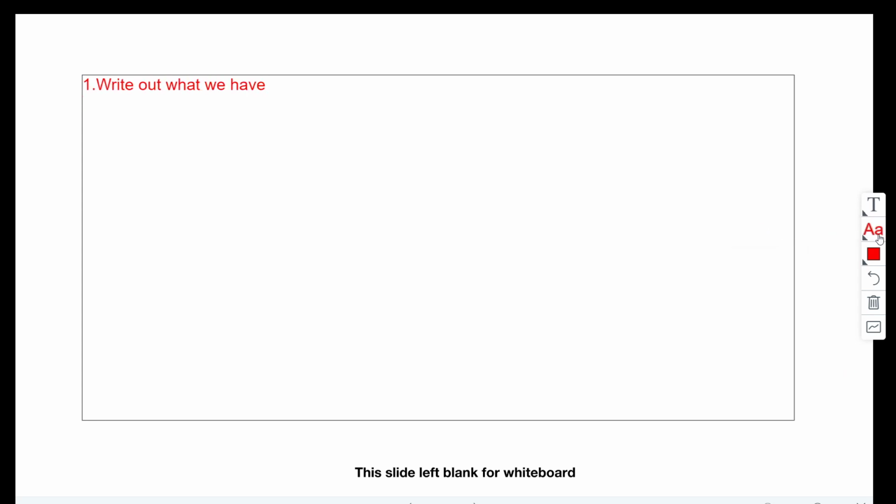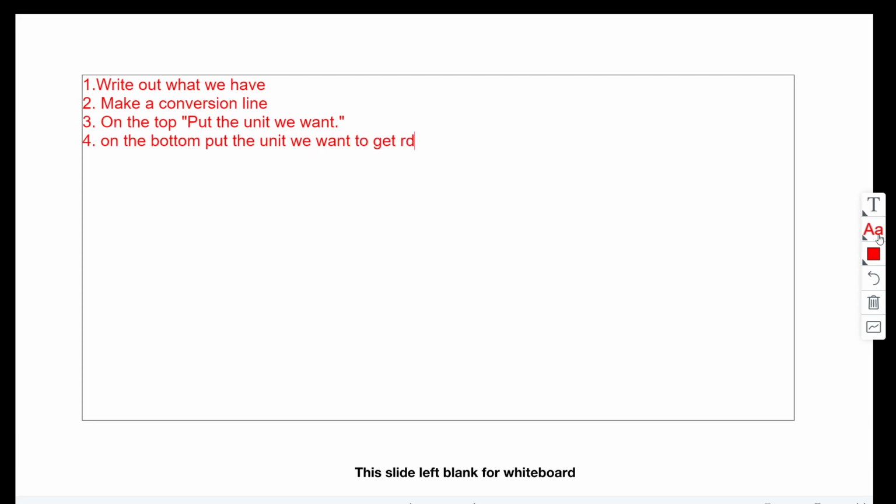Our second step is that we're going to make a line. On our conversion line, on the top, we put the unit that we want, and at the bottom, we put the unit we want to get rid of.